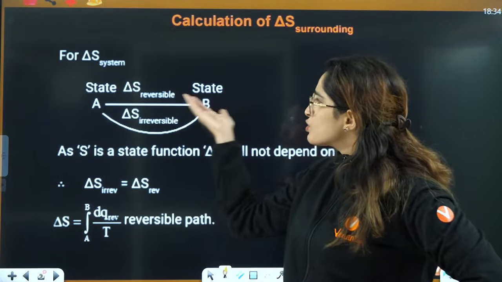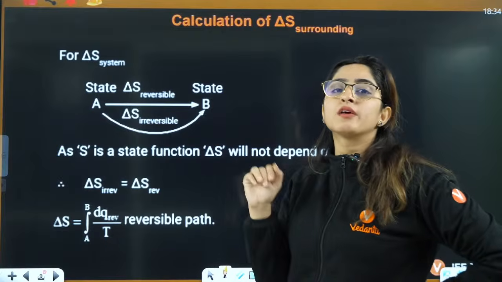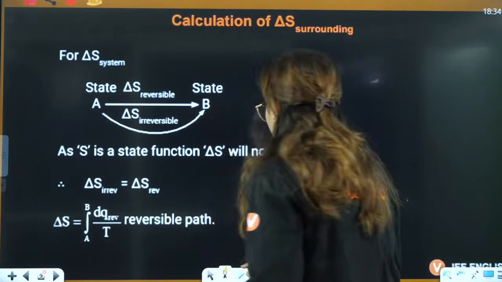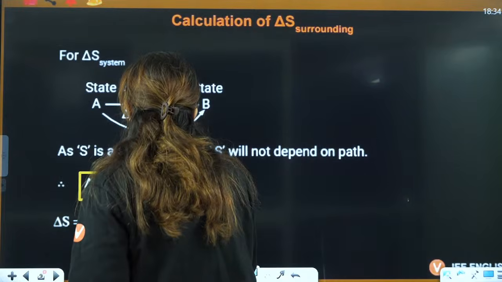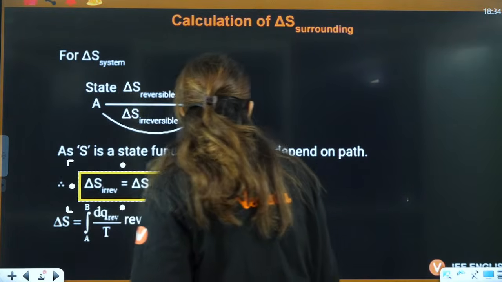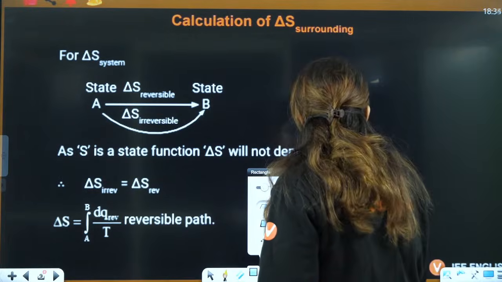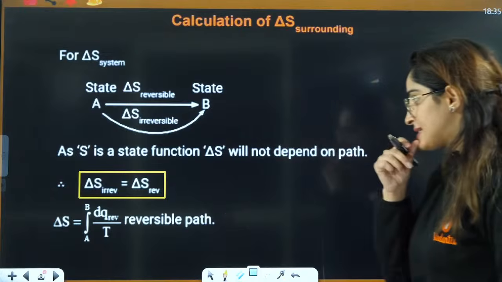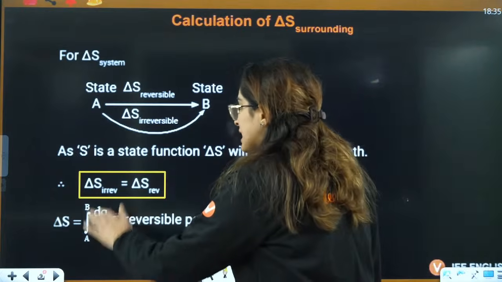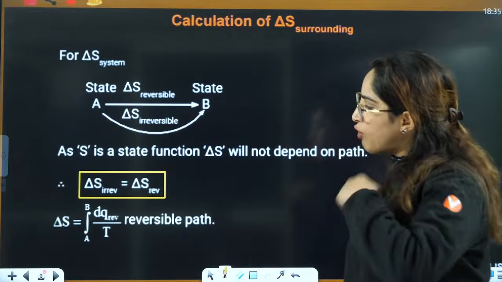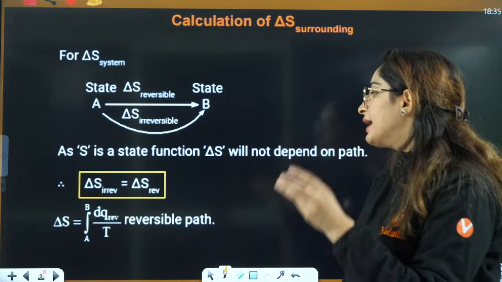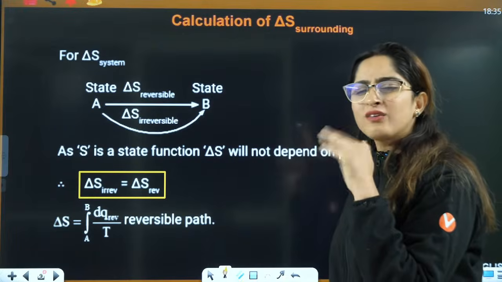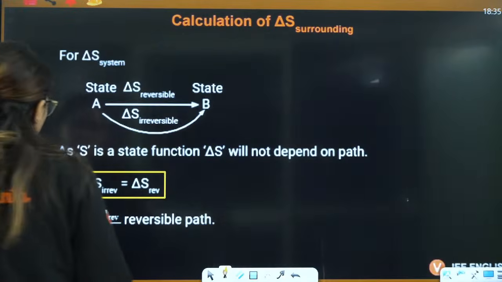So whether it goes through reversible or irreversible, how does it even matter? We can say delta S of reversible is equal to delta S of irreversible. It doesn't matter whatever path it follows, its entropy is going to remain the same. So you can say delta S of irreversible or reversible will be dq reversible by T, for the reversible path or even the irreversible path, because that is going to be the same.